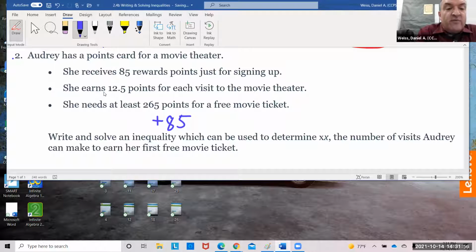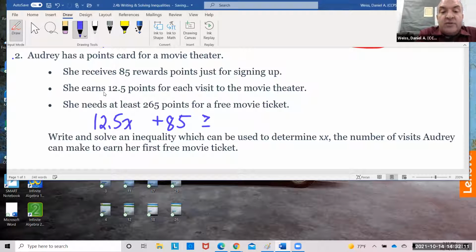That's going to be 12.5x. She needs at least 265 points for a free movie ticket. At least is going to be greater than or equal to 265. Okay, that is your setup.